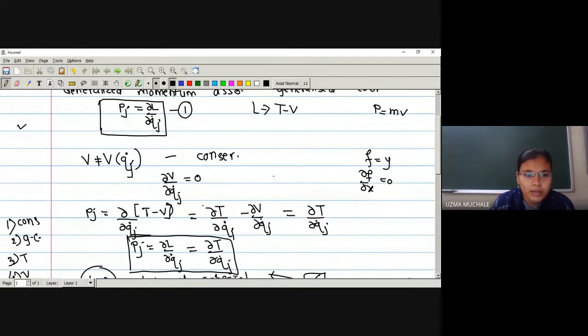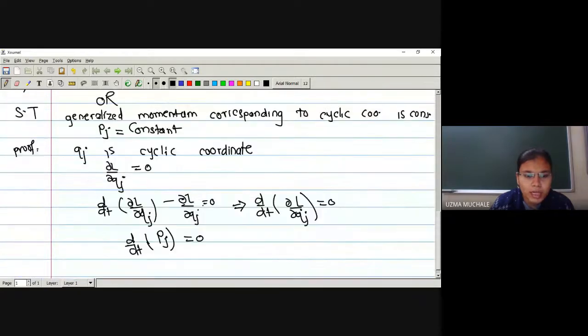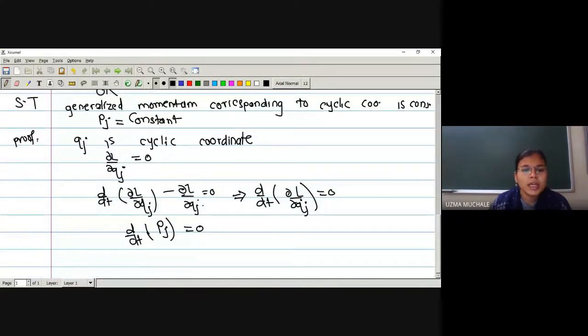Equation number 1. From equation 1 we can put the result, and if dou L by dou Qj is 0, the second term will be 0. Now it is d by dt of Pj is equal to 0, or in another way Pj dot equal to 0. Now we can integrate with respect to t.